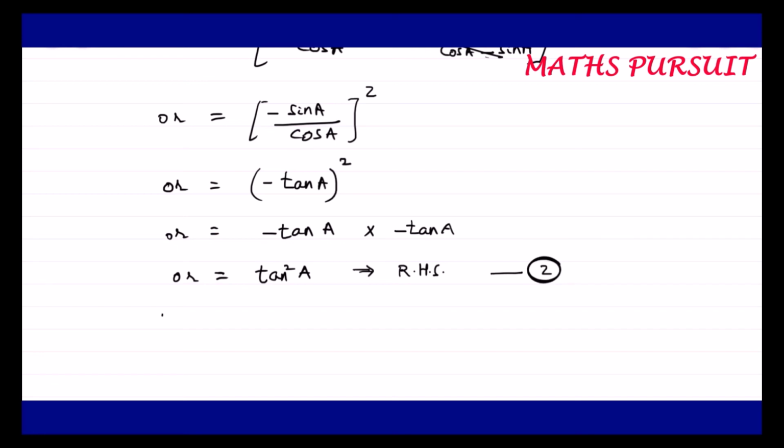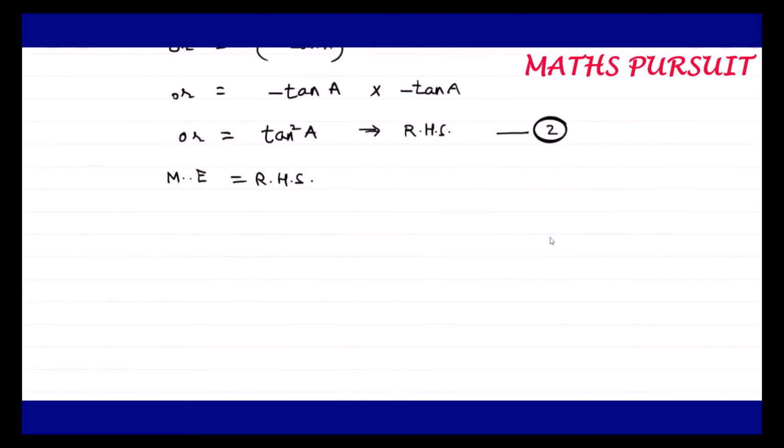Hence, what we are able to prove? We are able to prove that the middle expression is equal to the right side of the expression. In the previous step we proved that the left side of the expression is equal to the right side of the expression, and in this step we proved that the middle expression is equal to the right side of the expression.